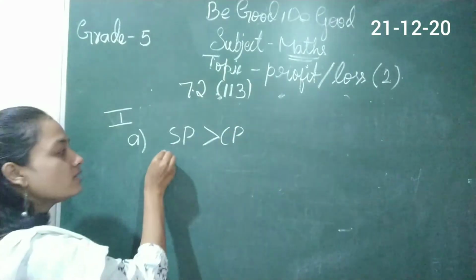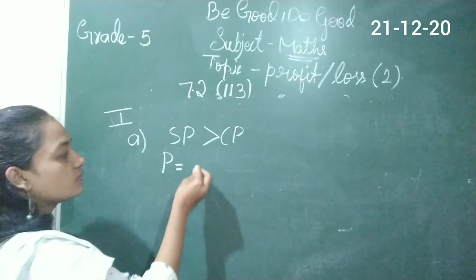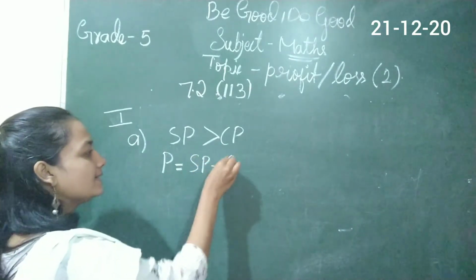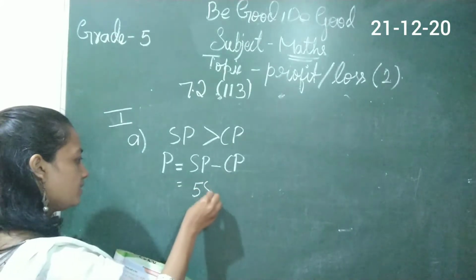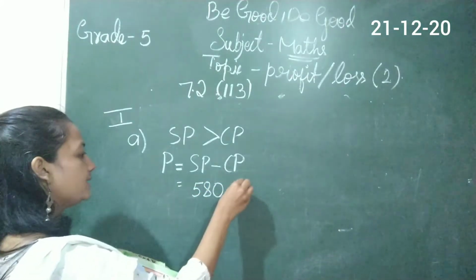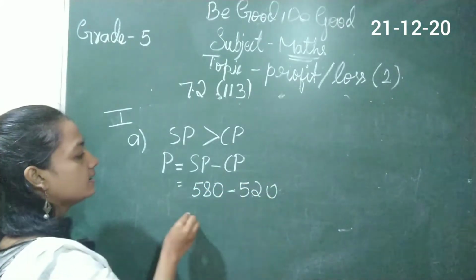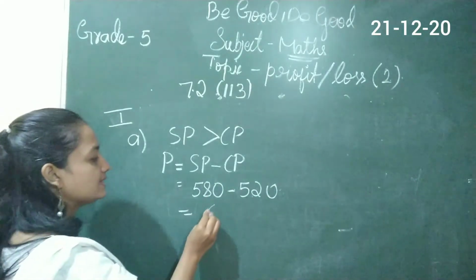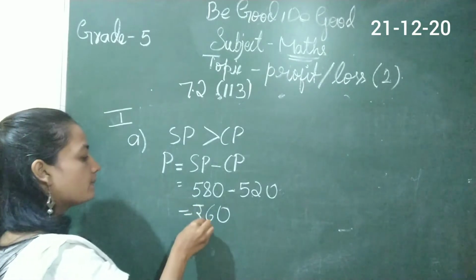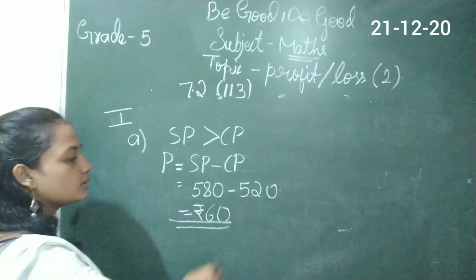Selling price is greater, so it is a profit. So the formula is SP minus CP. So what is SP? Rupees 580 minus rupees 520. If I subtract this, the answer I get is 60 rupees. So my profit is 60 rupees.